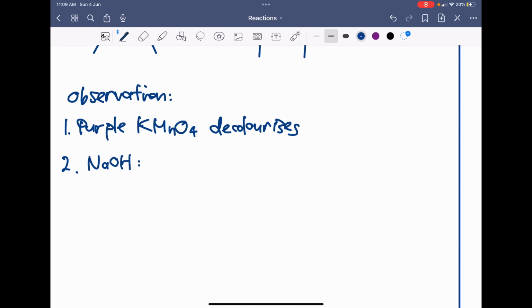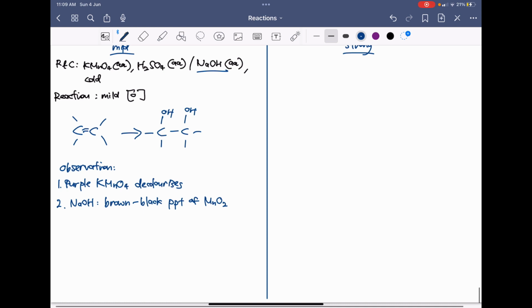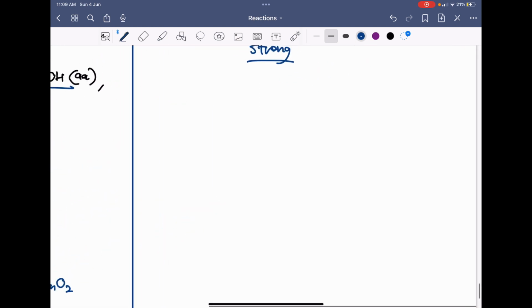Then you would form a brown-black precipitate of MnO2. But note that this is only if you use NaOH, okay? And now we go on to strong oxidation.